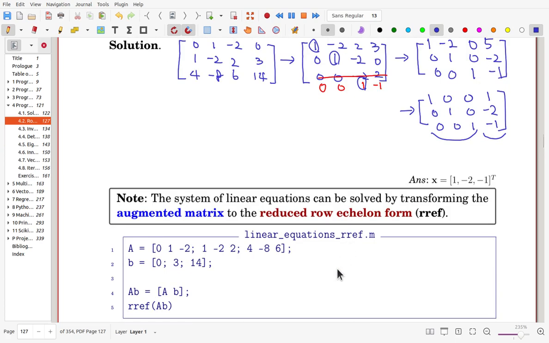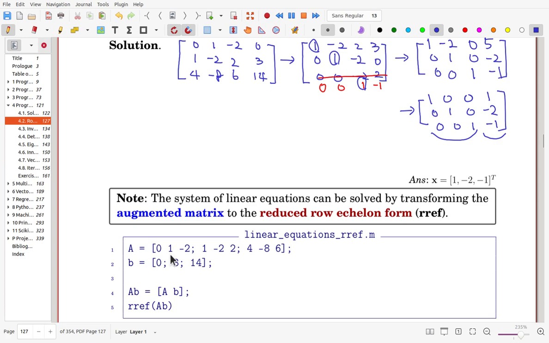The system of linear equations can be solved by transforming the augmented matrix to the reduced row echelon form. We will define the term very soon. In MATLAB, we have a function rref for the reduced row echelon form.